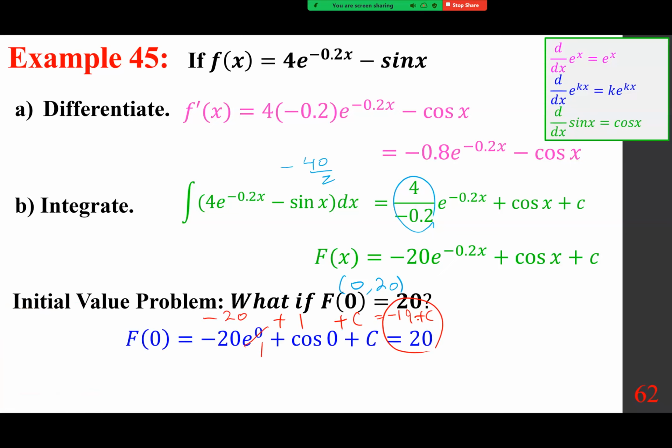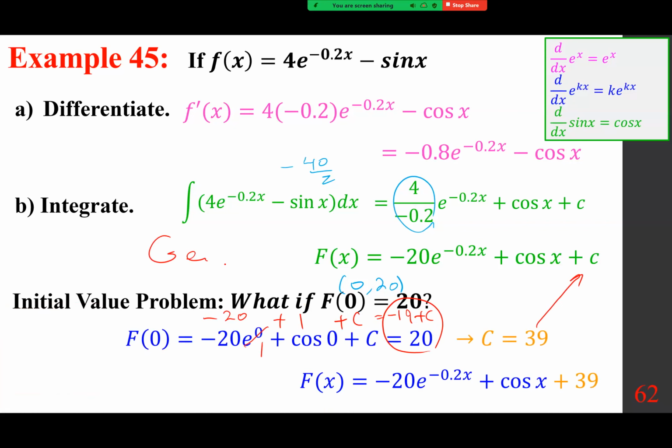So c becomes 39. You replace this, and now this is the initial value problem. Now remember, this is a general solution. This is a particular solution, a specific solution. The difference is, because of the c, we have a family of functions here, but now that this c is found, there's only one function.